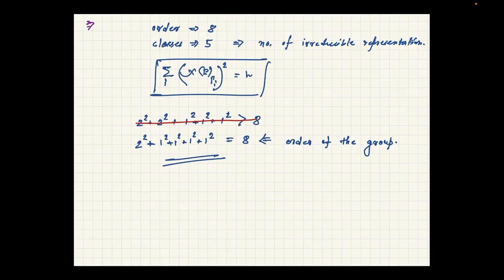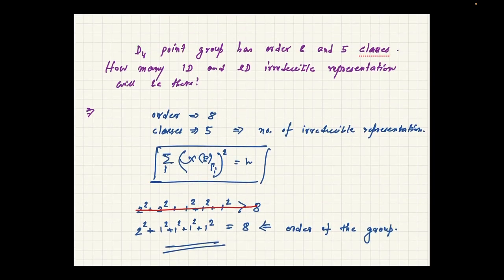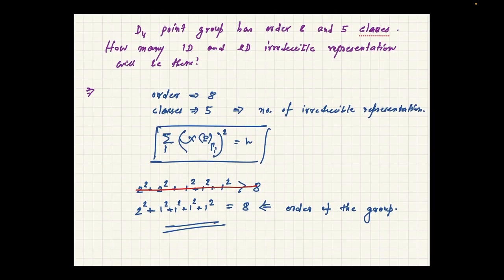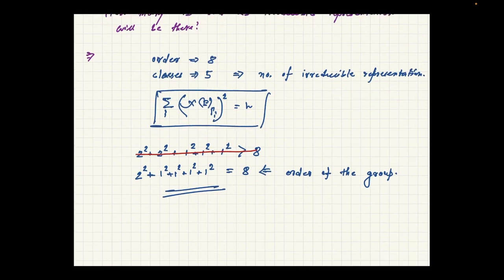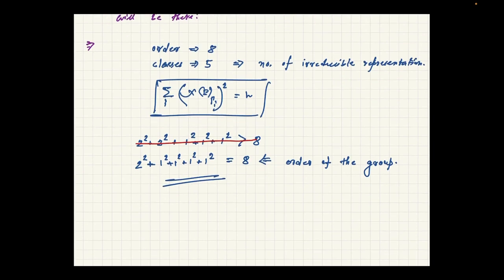That means for this D4 point group, 5 classes means 5 irreducible representations, that means 4 one-dimensional irreducible representations and 1 two-dimensional irreducible representation.